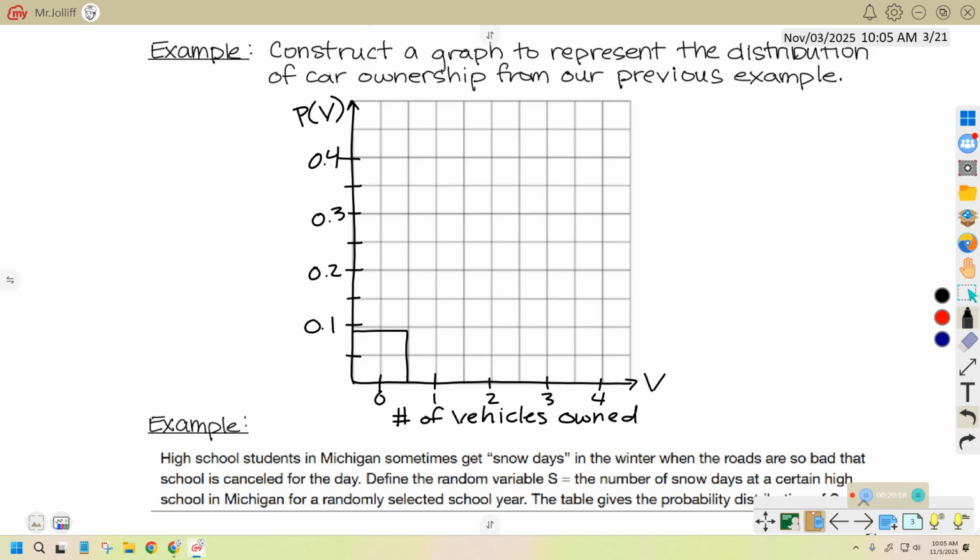And if I wanted to make that really clear, what could I do? Very good. 0.09. Perfect. Next category, what is the probability a randomly selected household owns one vehicle? 3.4. So a little bit less than 3.5.